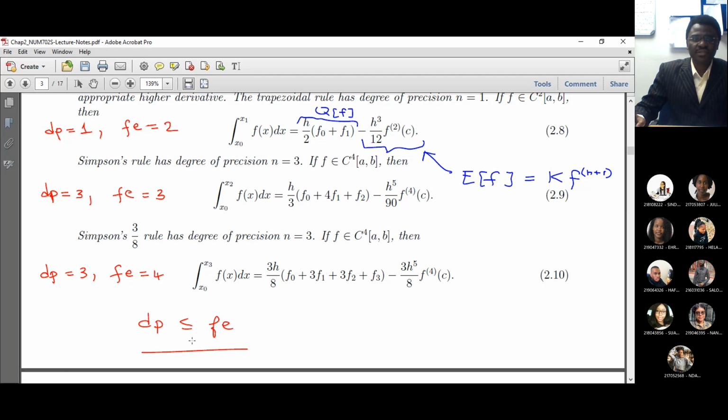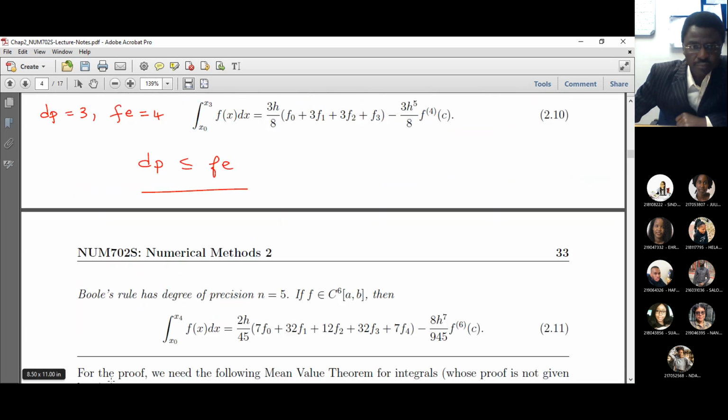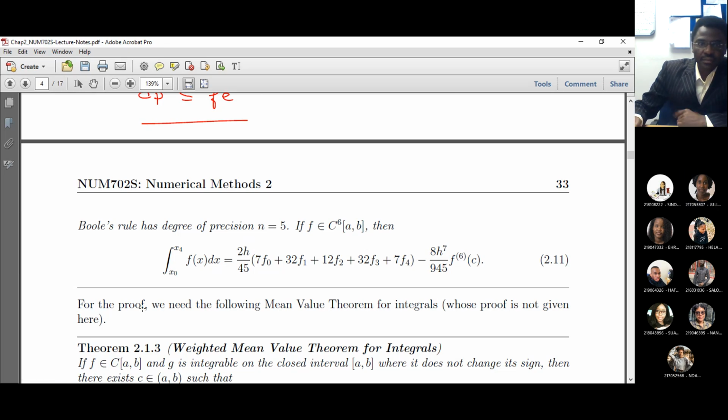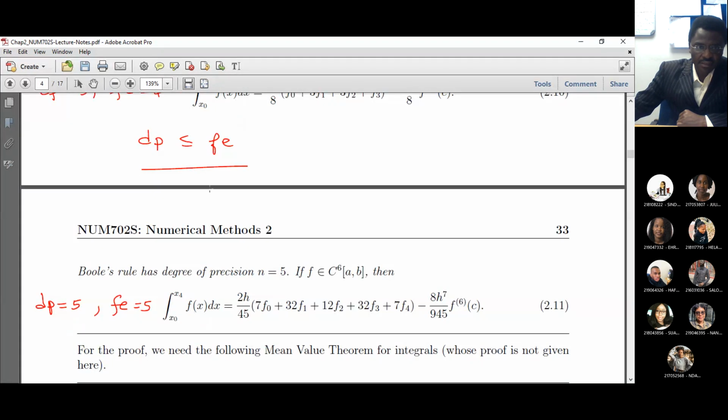And here, the degree of precision is 5 and the function evaluations are 1, 2, 3, 4, 5. So you see, it still falls in there.